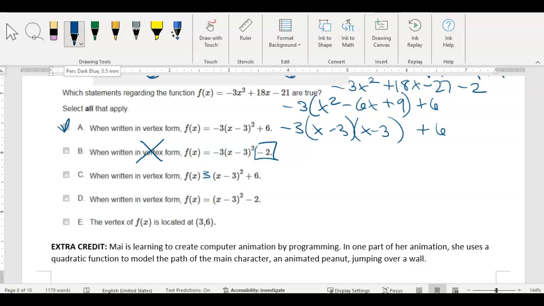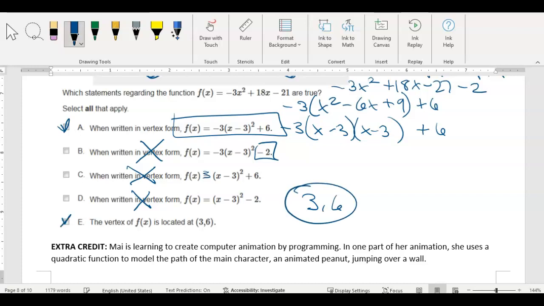So we know that that is also not true. And then same thing with this one right here. So lastly, it says the vertex of f of x is located at 3, 6. So if this is our equation, then our vertex is in fact 3, 6. So this is also true.